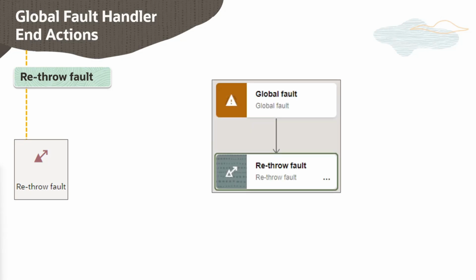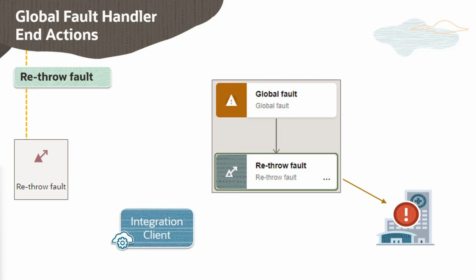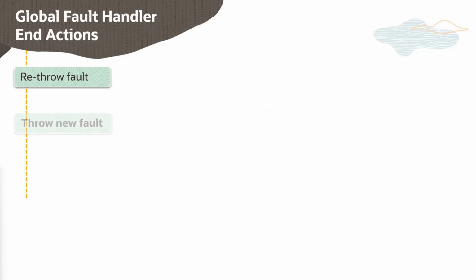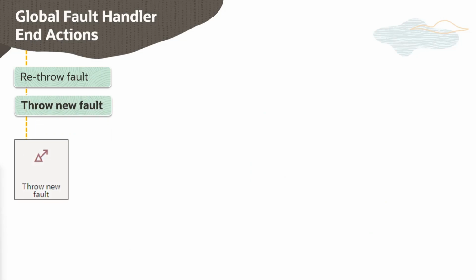Remember, this is the default implementation of the global fault handler, where the fault is rethrown as is to the error hospital. And if the flow has a synchronous client, that same fault will be returned to them as a fault message. However, you can choose to add additional logic, such as logging or notification actions as needed. Next, there are two different behaviors for the throw new fault action.